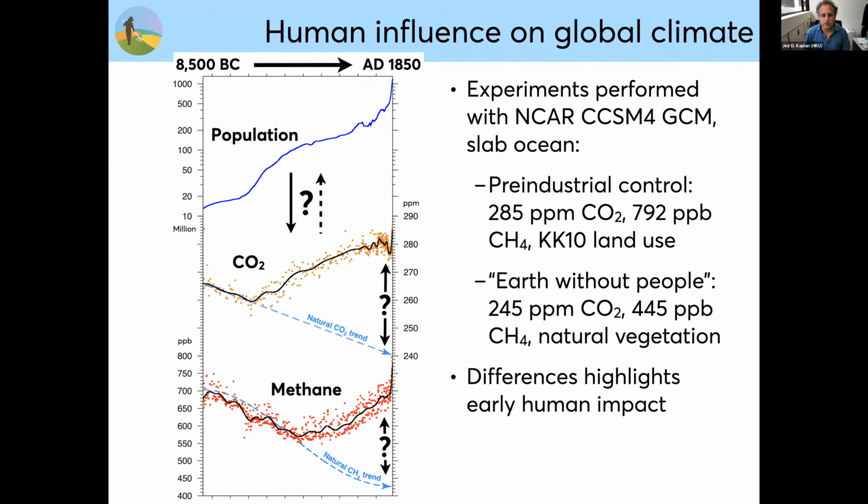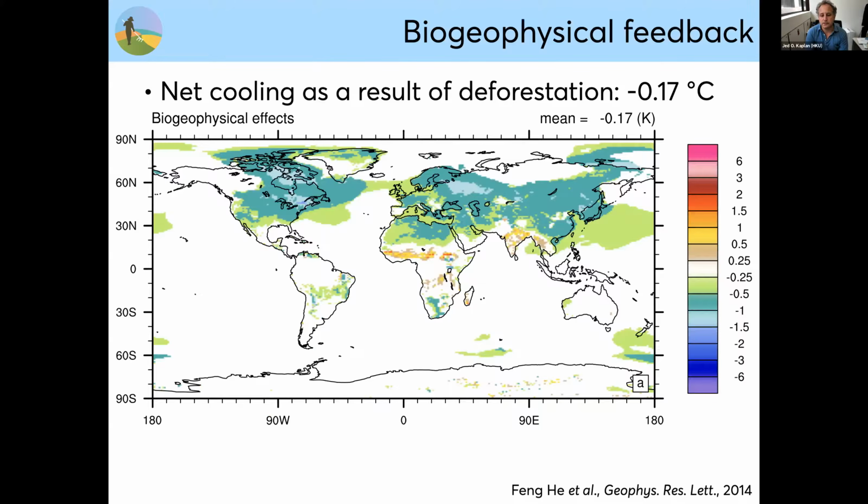And so let's first look at the biogeophysical feedback. These are chiefly changes in the brightness or the reflectivity of the Earth's surface caused by a change from forest to grassland or agricultural land, but also changes in evapotranspiration. It's a change in the amount of water which is transpired.